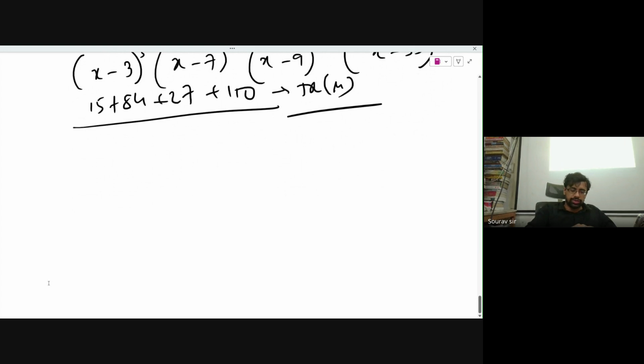Algebraic multiplicity ध्यान से समझिए। पहले AM.